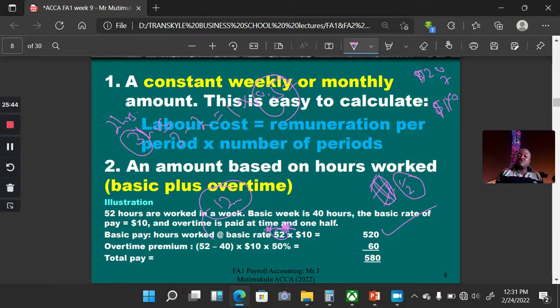But those 12 hours are also going to be paid an extra 50%, which means instead of getting $10, he's going to get $5 mathematically, as part of the overtime. So the 12 hours here, 52 minus 40, multiplied by $10 per hour, multiplied by 50%, because overtime is going to be paid at time and a half.